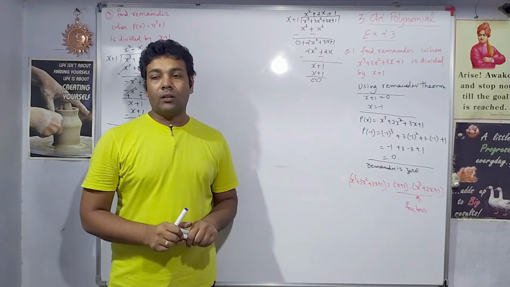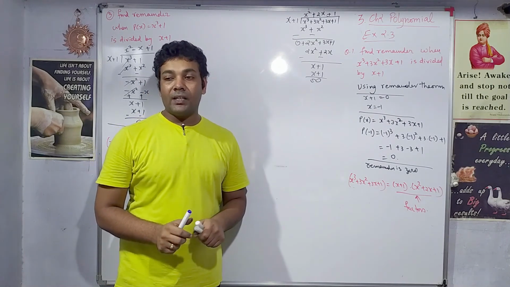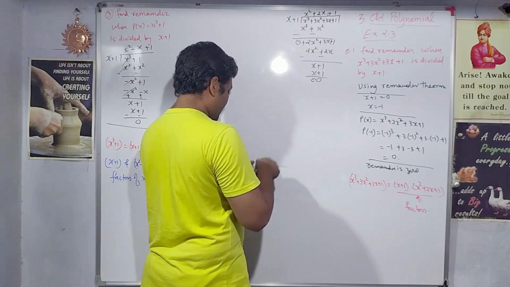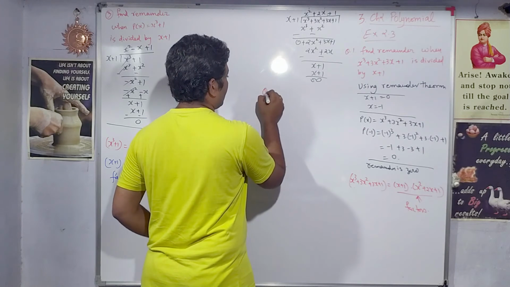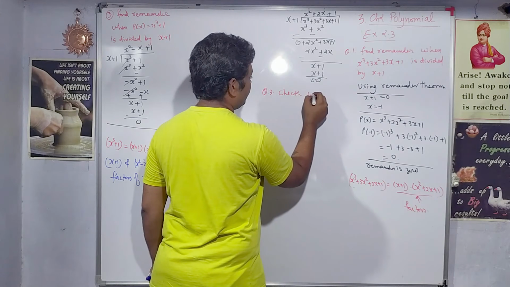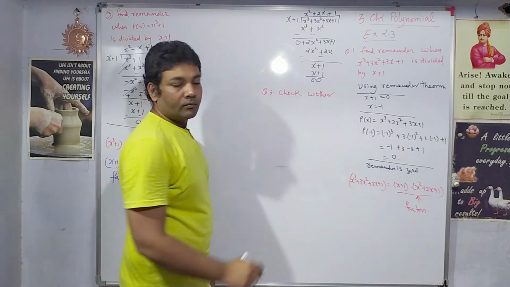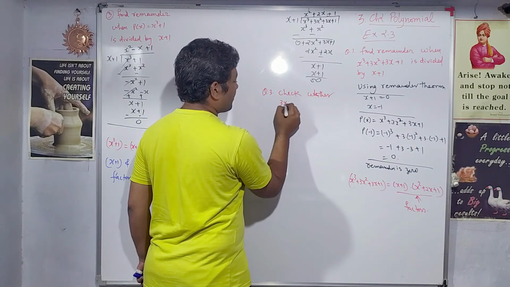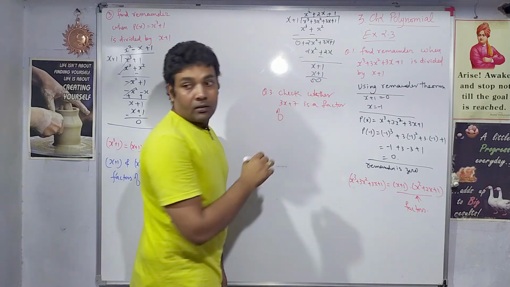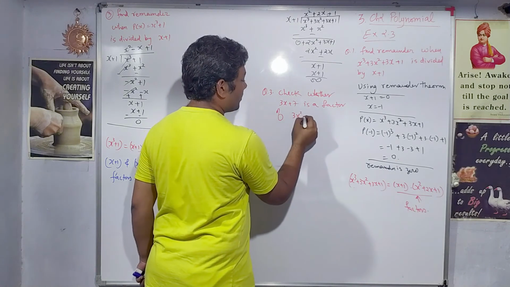Again you can carry out the remainder theorem. Question number 3 we will take. It says check whether 3x plus 7 is a factor of 3x cube plus 7x.